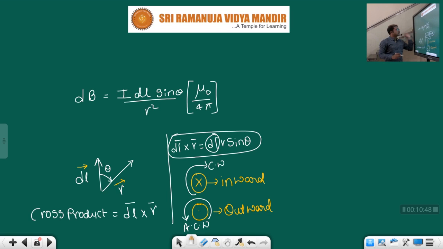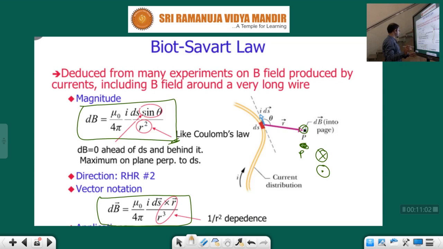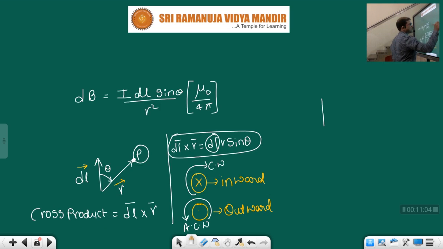Specifically regarding magnetic field, in order to determine the magnetic field direction at some point P. At this point P, we know that some magnetic field will be created. See children, let us consider some copper wire, and through this wire some current I is flowing.